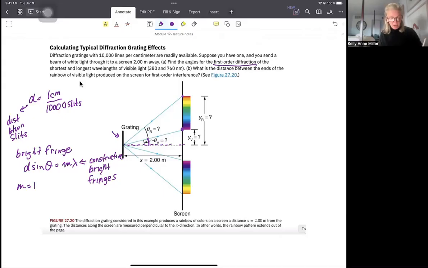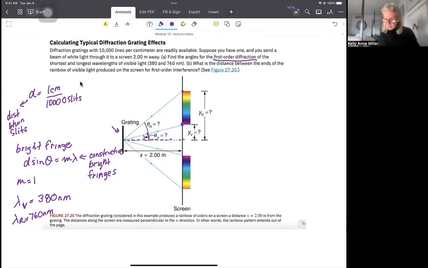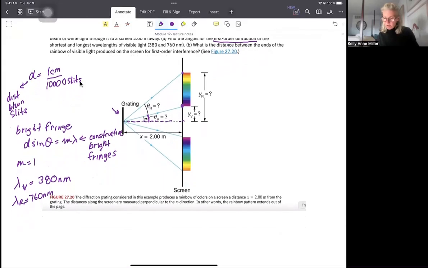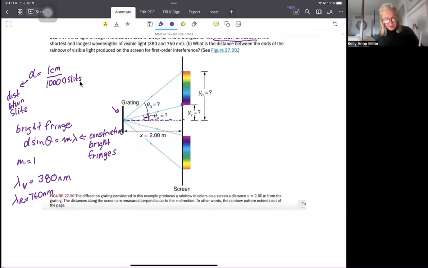The wavelength, and you can just look this up, for violet, I'm just going to use V for violet, is 380 nanometers. And the wavelength for red is 760 nanometers. Okay, and we should calculate this out.